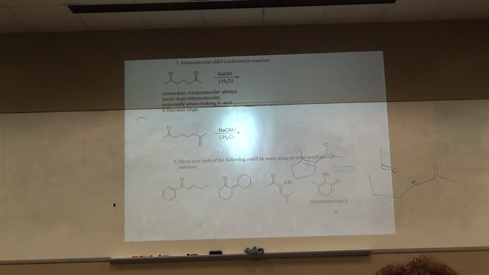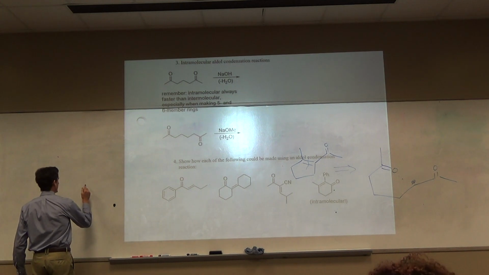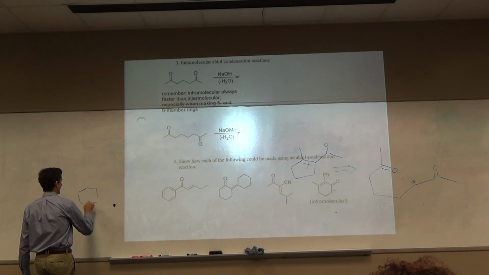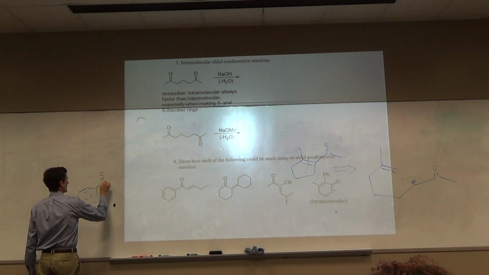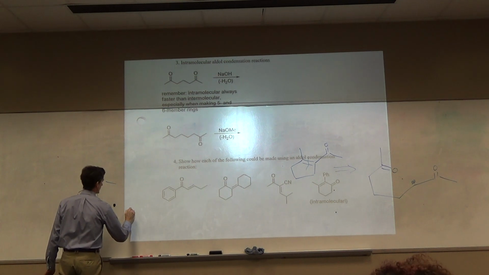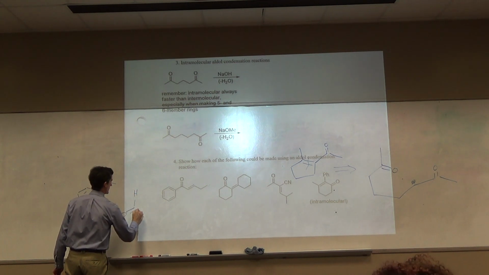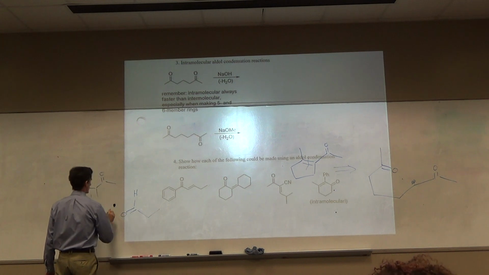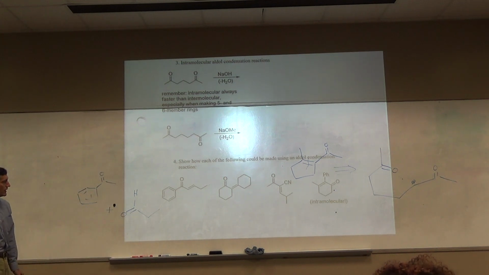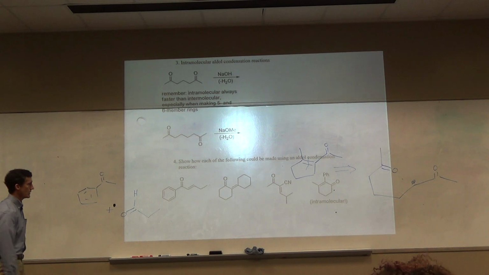Someone name the two starting materials that would be used to make that by an aldol reaction. Yep, acetophenone, and propanal.